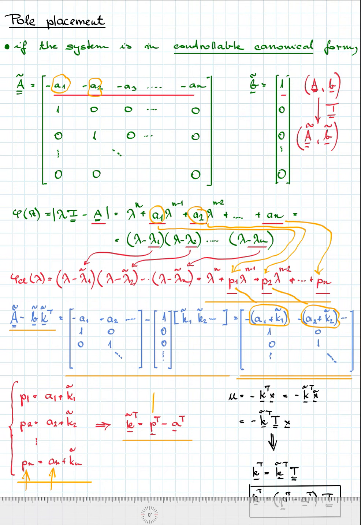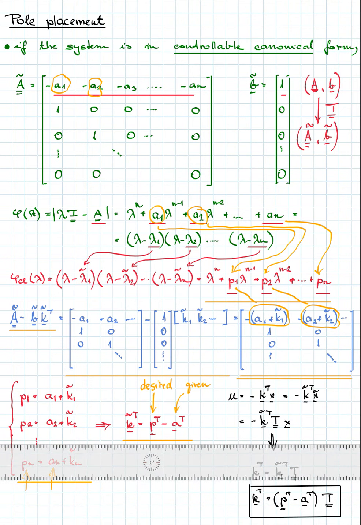So in p we have got the desired values, and in a there are the given values. The given values from the open loop system, and in p the desired, which will be the closed loop system. So this is how to get K tilde transpose. It's very simple, because we have to work with the coefficients of the closed loop polynomial and the open loop polynomial, and we can get K tilde transpose.